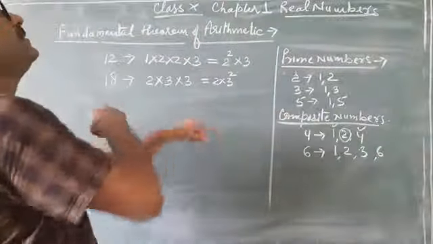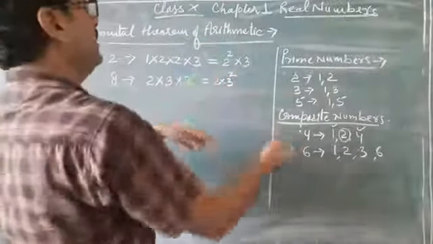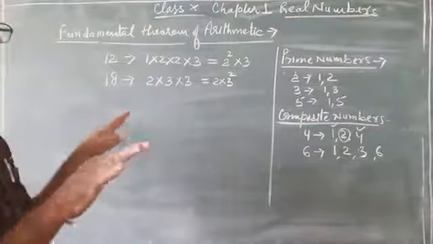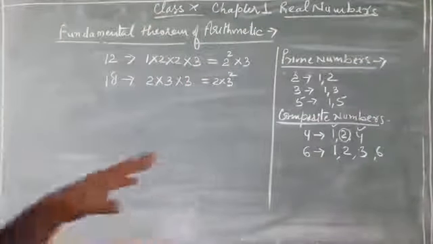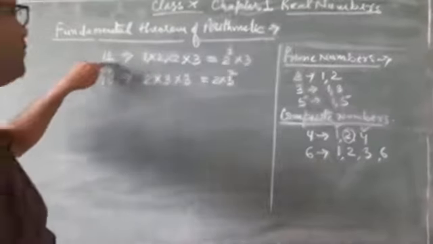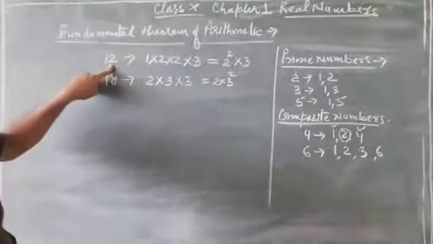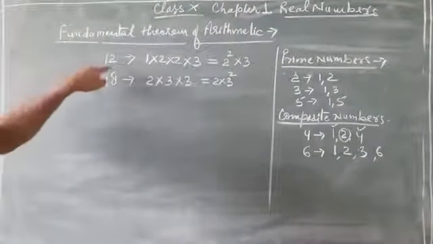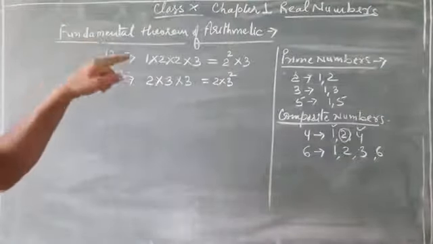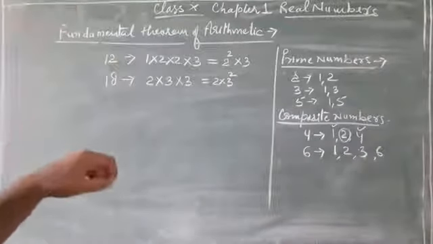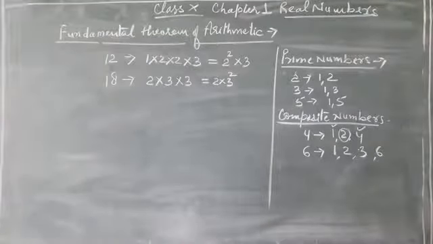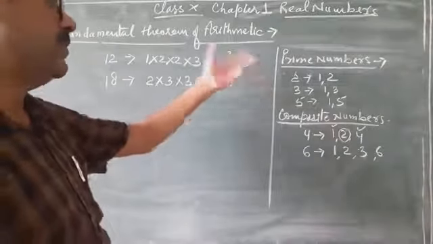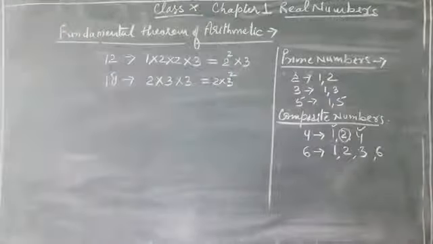We can write this as 3 into 2 square or 3 square into 2. So order doesn't matter, but 12 is always written as 2 square into 3, meaning 12 is written as a product of prime factors.